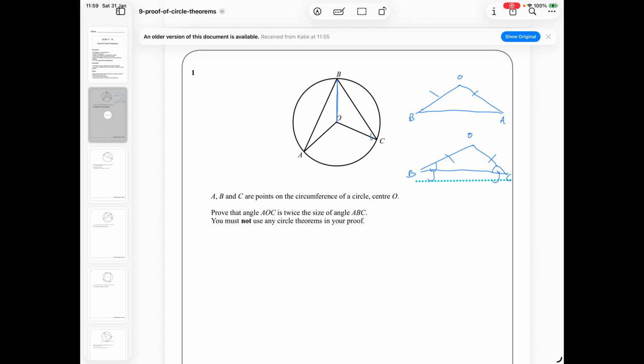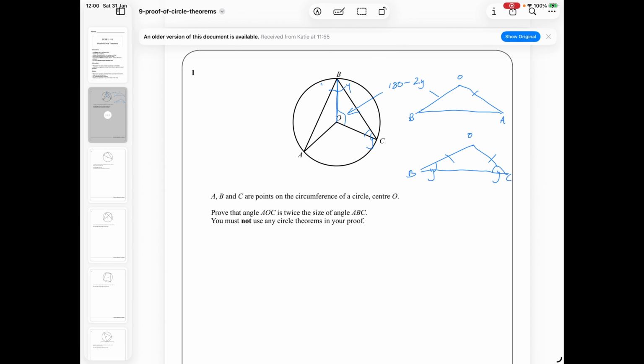Okay, so that's y, and this is 180 minus 2y. You can see that because the whole thing adds up to 180. So the bit here would be 180 minus 2y.